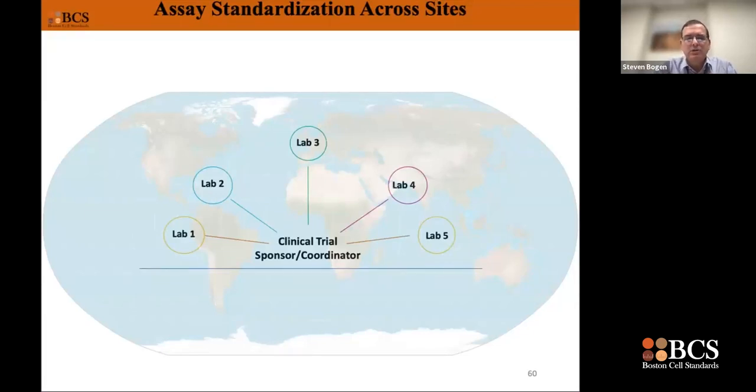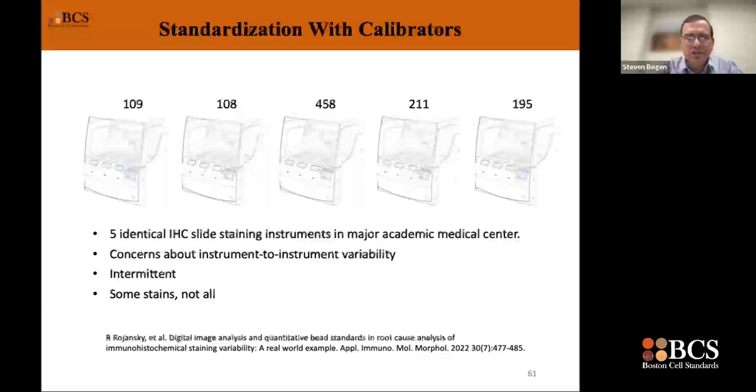You now need to ensure that each of those clinical trial sites has IHC assays that all have that same cut point. To grasp just how challenging that is, let me share with you a real example published last year of 5 identical instruments in the same IHC laboratory in a major academic medical center complex.